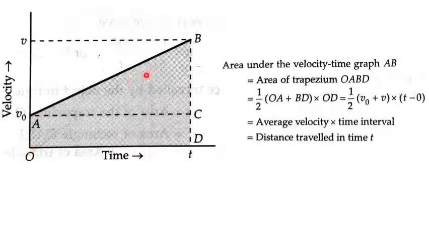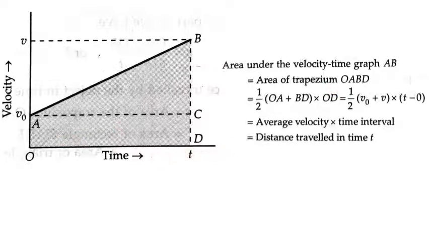Now this shaded area represents that of a trapezium, trapezium OABD. And we know what we have to do. To find the area of this shaded region, I have to find the area of the trapezium. And what is the area of a trapezium? Area of a trapezium equals half of the sum of parallel sides times the height.